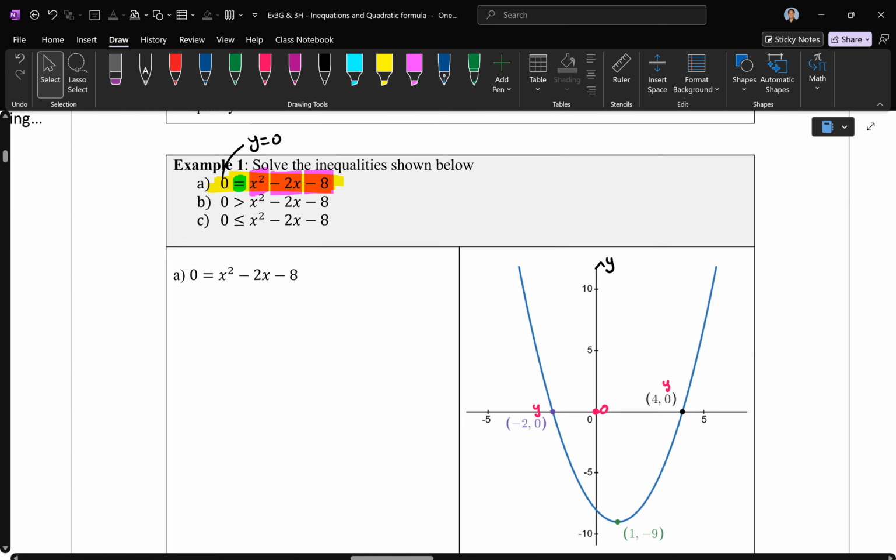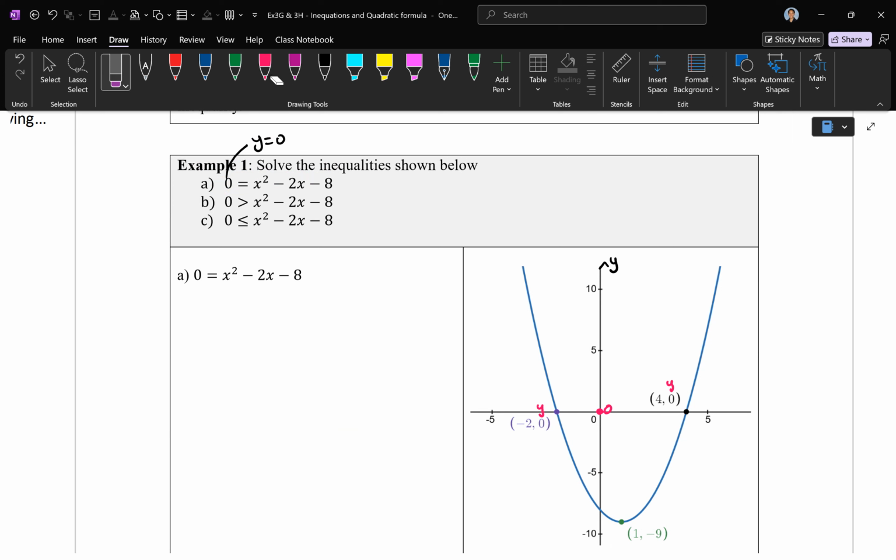Here's the problem. When you start doing inequalities, you're not thinking about just equals anymore. You're looking at a range of possibilities. When can this graph be greater than, less than 0? What they're asking is, if y is going to be that 0 point, and we know it's right here, when is the graph less than that value?